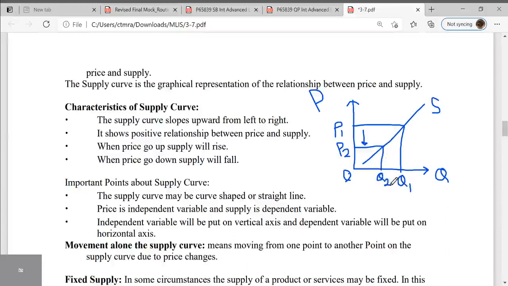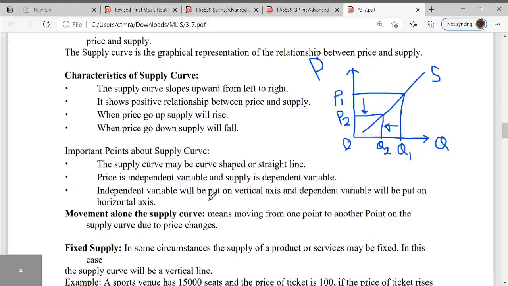Due to the fall in price, the suppliers will be demotivated and they will be supplying less. That's why there is a positive relationship between price and quantity supplied.